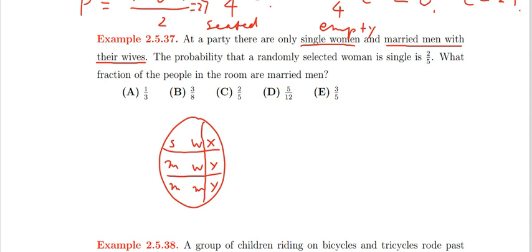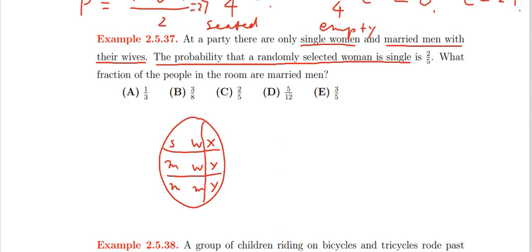Okay, so the keywords: the probability that a randomly selected woman is single. So here we just randomly pick a woman from the women. This woman has 2 cases, single or married, right?